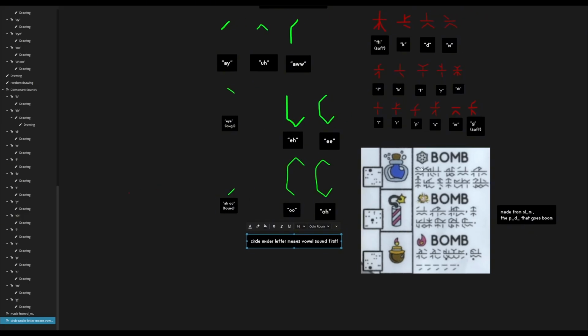Okay, so we have made from S. I think it's slime, which makes sense because the slimes explode, right? It's a little bit of a strange mechanic, but so then I think that means, and we'll go ahead and test this out. Let's click here, draw.